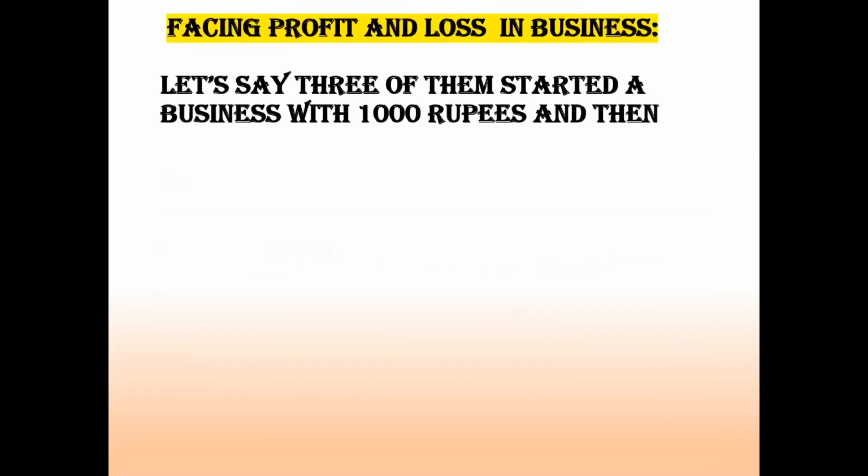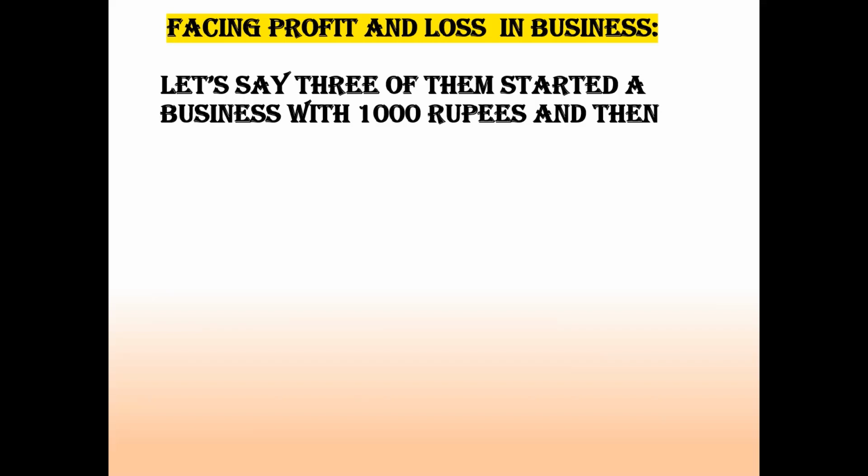Isn't it? And there are many more situations. If I take a very basic situation where you have started a business and you go ahead with profit and loss, profit and loss. There are many times you have profits and there are many times when you have a loss. So how do you note down this profit and loss?